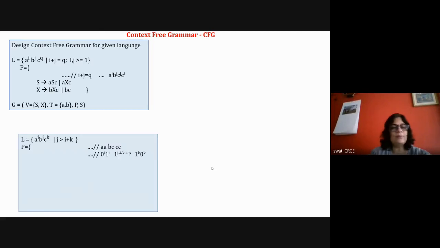Okay, now next problem. a raised to i, b raised to j, c raised to k, and the relation is given as j is greater than i plus k. So what I can say here is double a, b, c and double c.